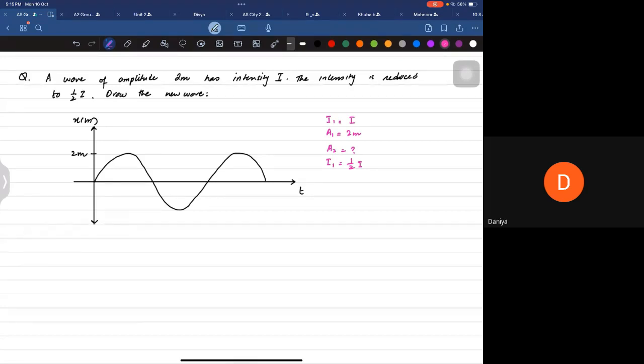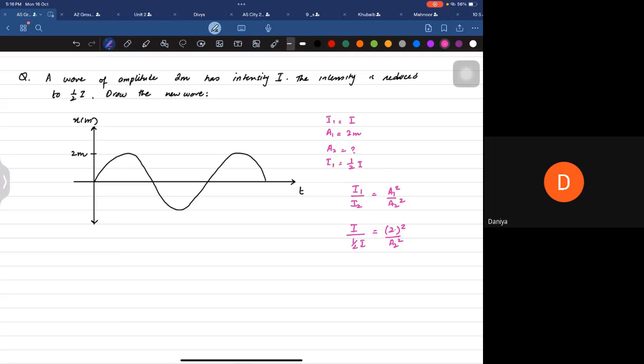The relationship between these is that I1 over I2 will be equal to A1 squared over A2 squared, like that. Which basically means I1 will be I, I2 will be half I, A1 is 2 whole squared, and we want to find what would be A2.